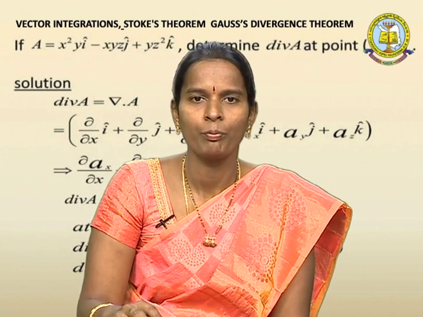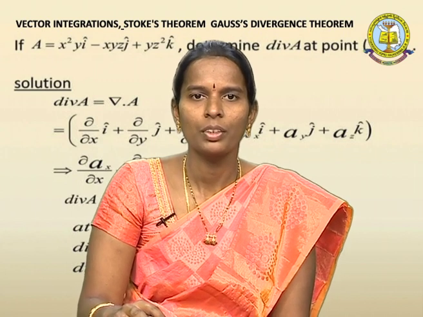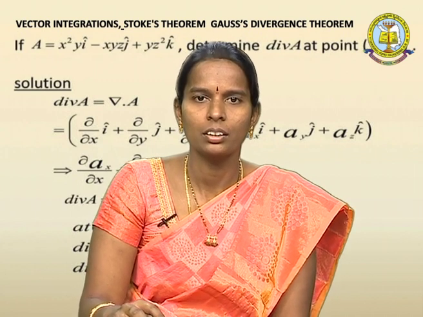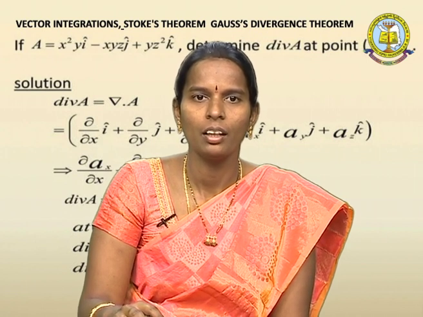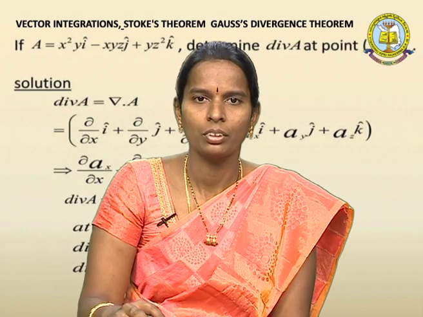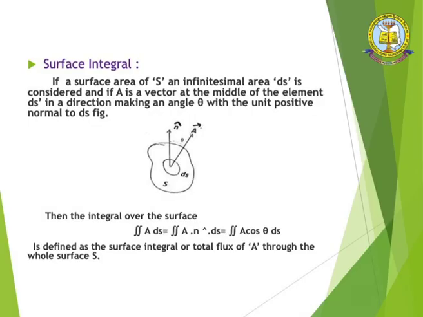And next, surface integral. Let us consider a surface area S, an infinitesimal area ds, and the vector is A at the midpoint of the element ds, in a direction making an angle theta with the unit positive normal to ds in this figure.